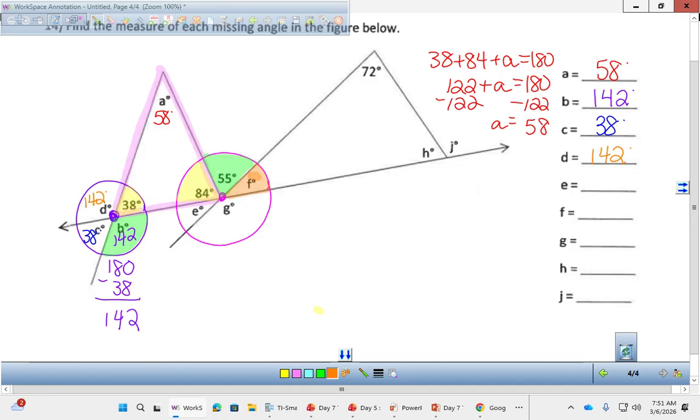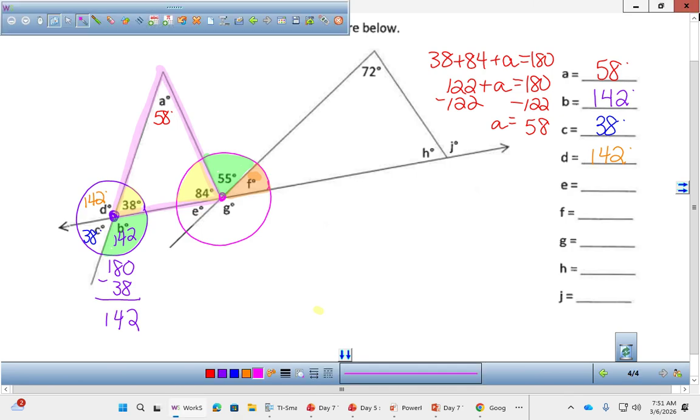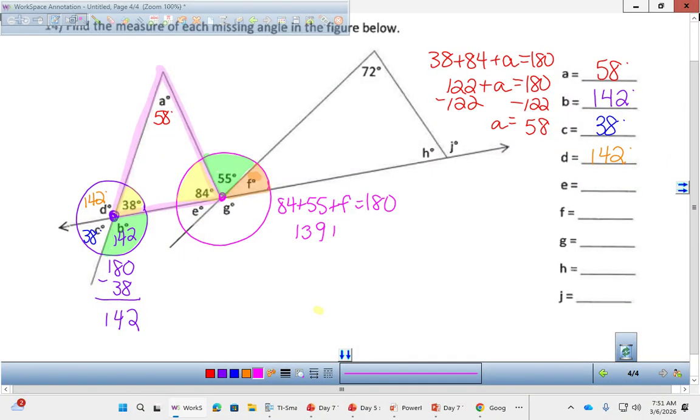Add 84 and 55 and then subtract from 180. That's a half circle, right? Do we agree? So I know that those three angles should add together to equal 180. So 84 plus 55 plus F equals 180. Okay, so that gives me F.